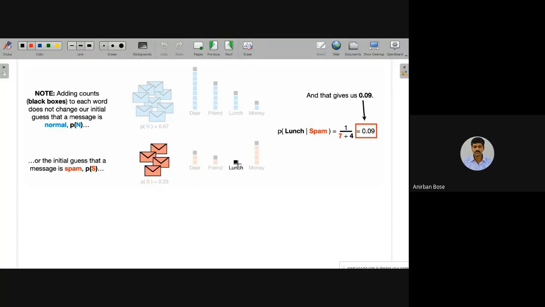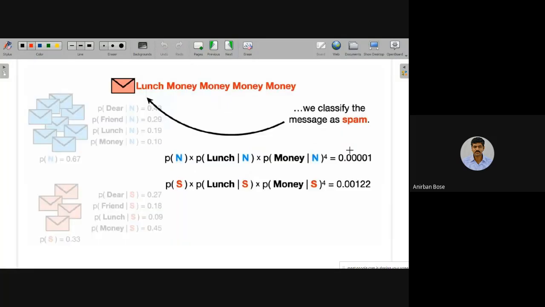So now you see that corresponding to the lunch, the probability is no longer 0, it will have some value. And if you do the whole calculation again, exactly in a similar way, you will find now this result is non-zero, and this value is more than this one, which means it will now predict that this is a spam. Okay, so this is the fundamental way we use the naive Bayes.